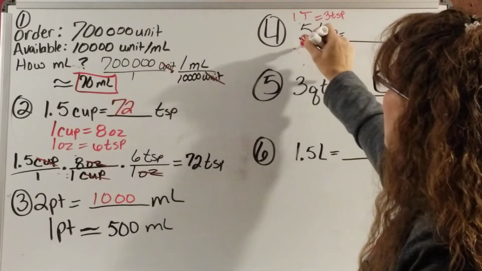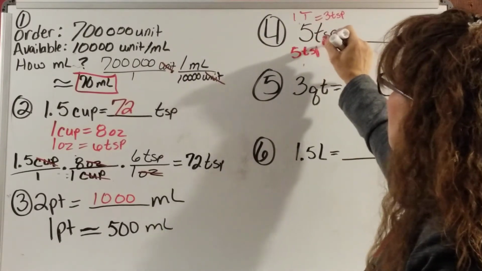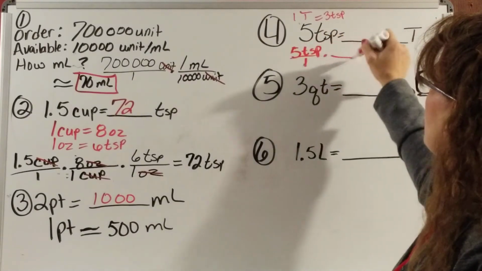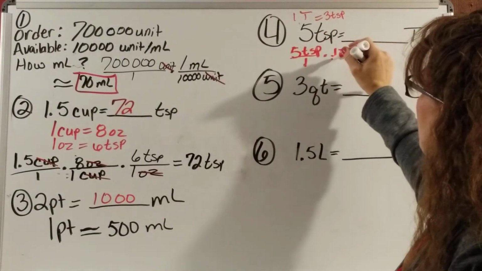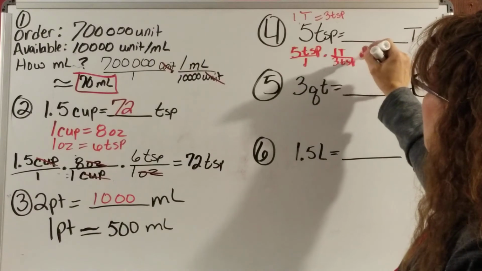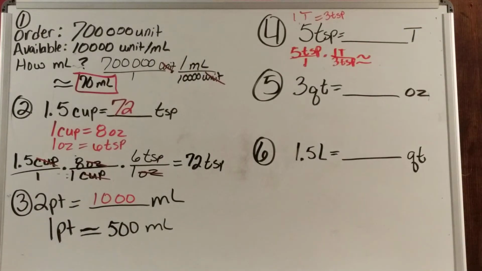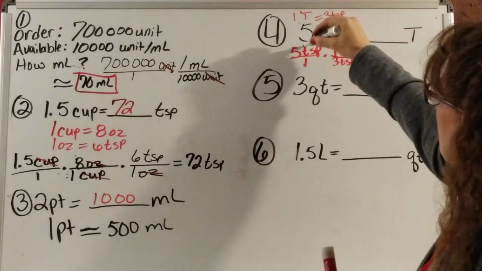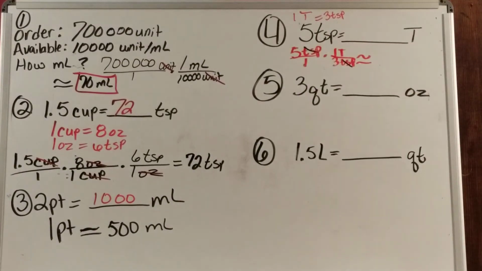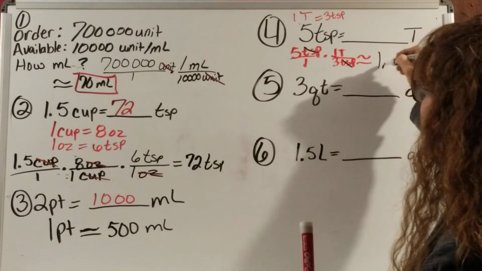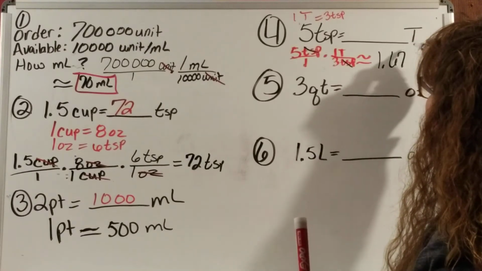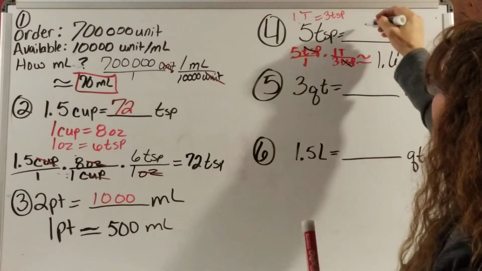Let's set this up. I got 5 teaspoons over 1 times my needed conversion, 1 tablespoon over 3 teaspoons, and it's equivalent. So I can go through here and mark out my teaspoons. And it says 5 times 1 divided by 3 gives me, and I'm going to round to the nearest hundredths, guys, 1.67 tablespoons.